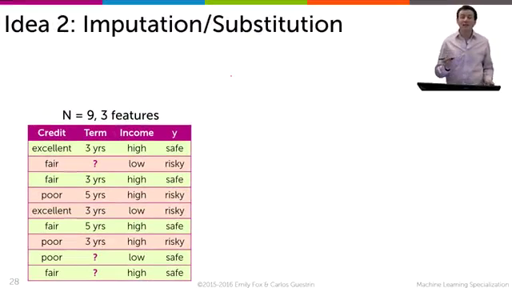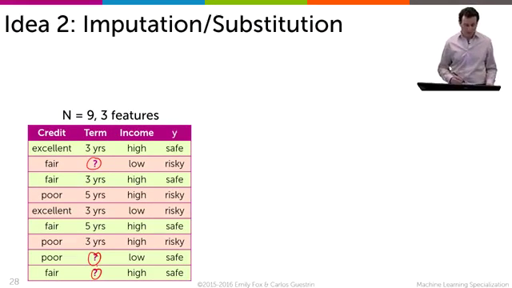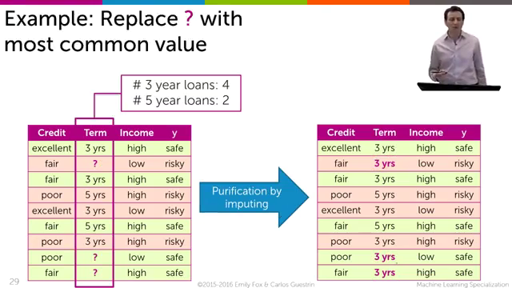For example, in a 9-row data set here, we had these 3 question marks, and we could say, oh, the term is unknown for these 3 question marks. I'm going to fill in those values with my best guess, which might be 3-year loan for the 3 values over here. Why did I choose 3-year loan to fill it in?